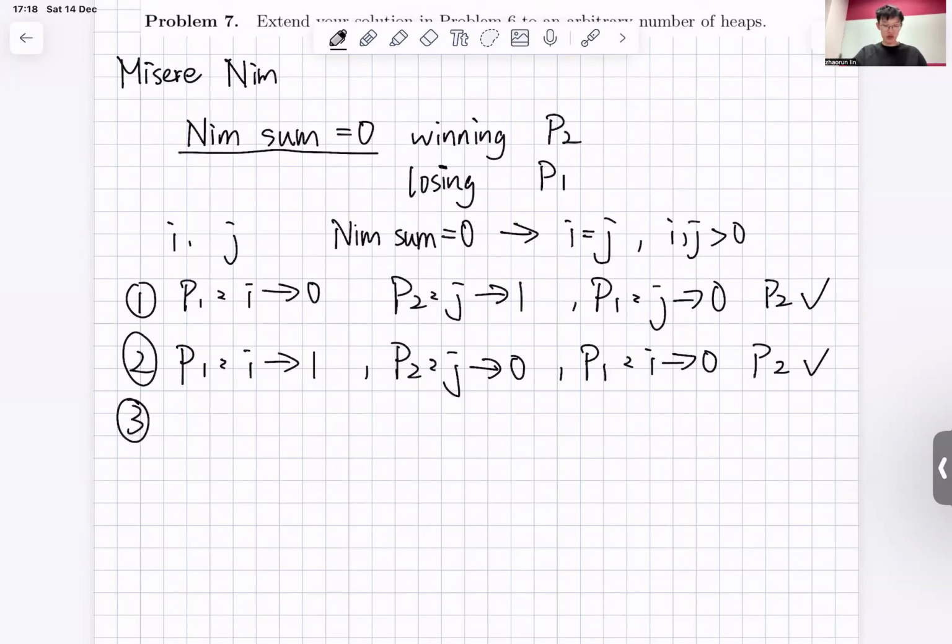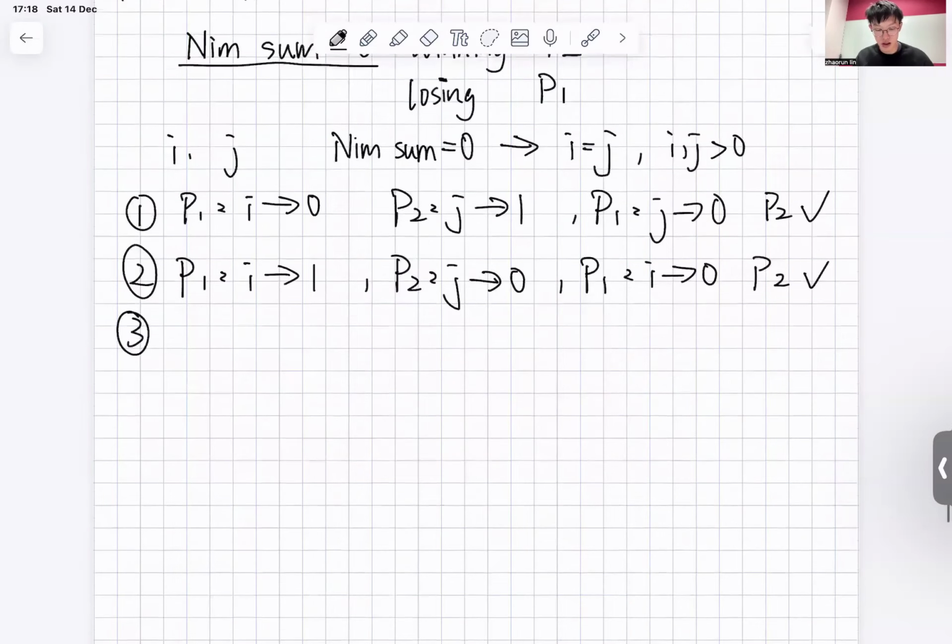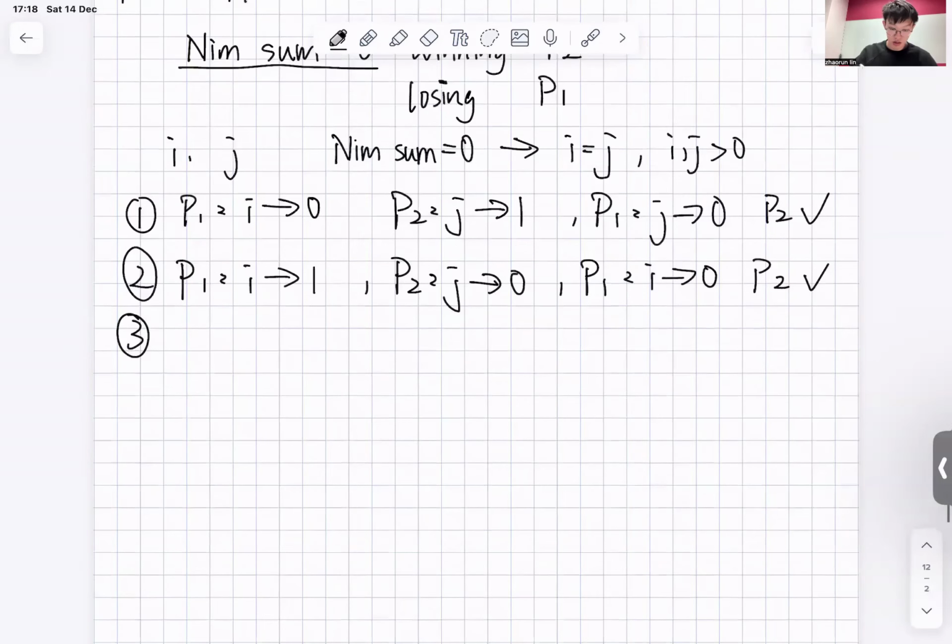So now we want to consider the situation where both i and j are not 0. Let's say player 1 reduces i to n. So i now equals n.